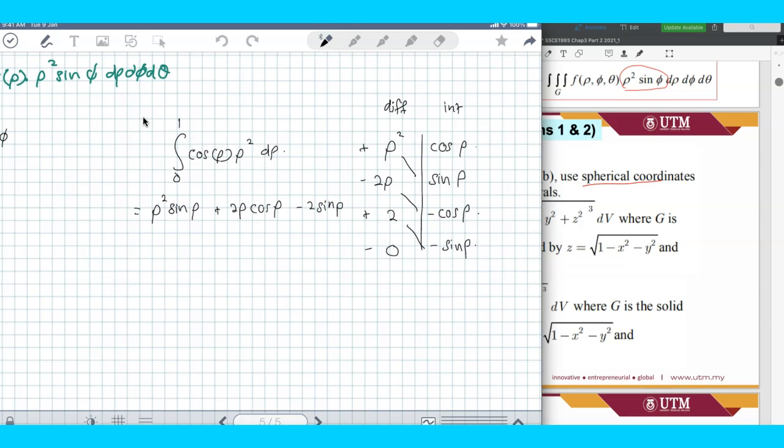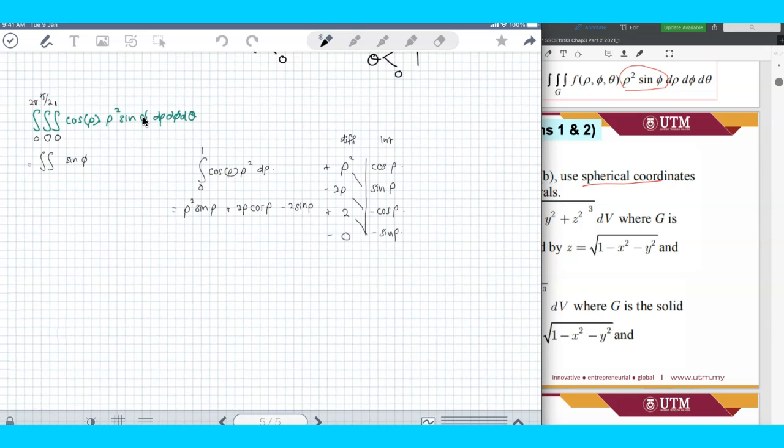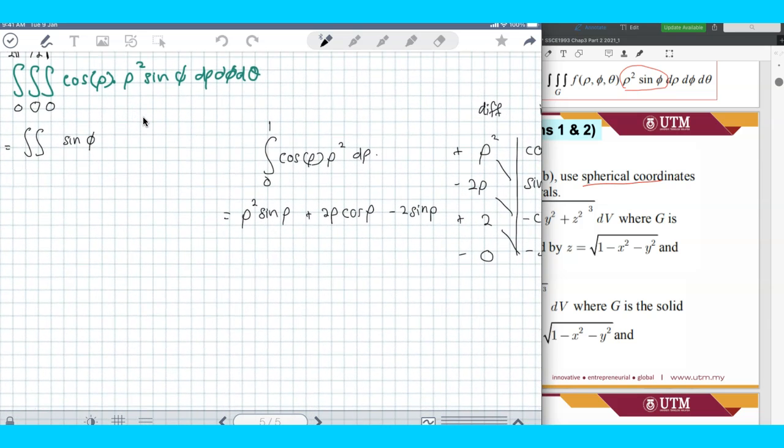So that is the answer. I put the answer here: rho squared sine rho plus 2 rho cos rho minus 2 sine rho. Okay, and then I have d phi d theta.